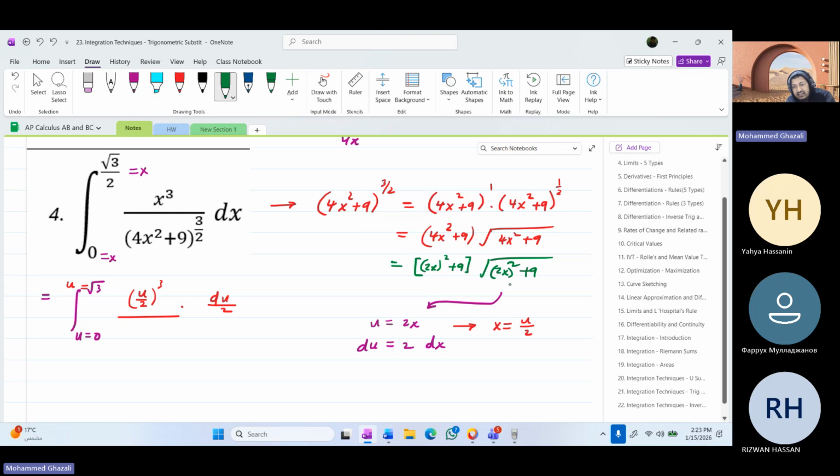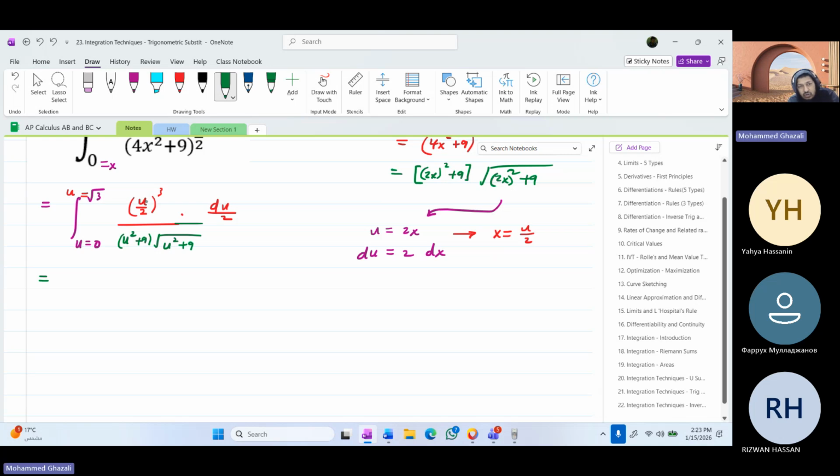That's the reason. So 4x squared plus 9 is basically u squared plus 9, and the square root of u squared plus 9. Are we good, guys, so far?